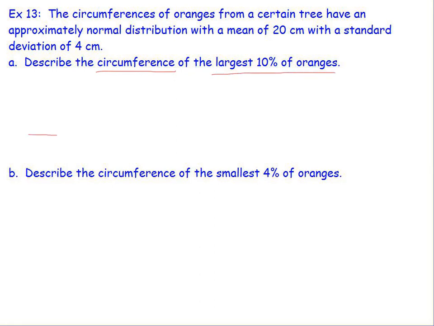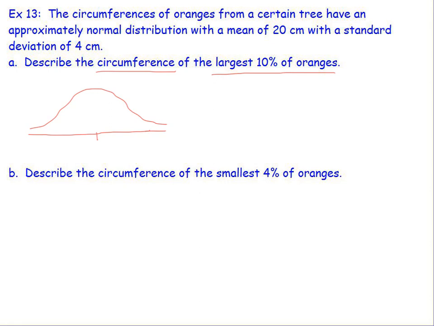So here's our spectrum and our curve. Now keep in mind, this is our x-axis. Now this x-axis represents the circumference of the oranges. So obviously your largest 10% is going to be somewhere over on the right side.